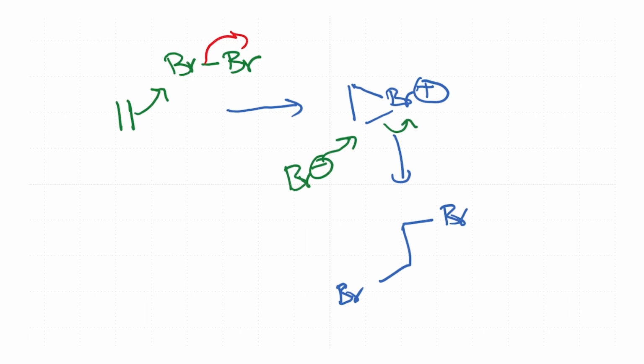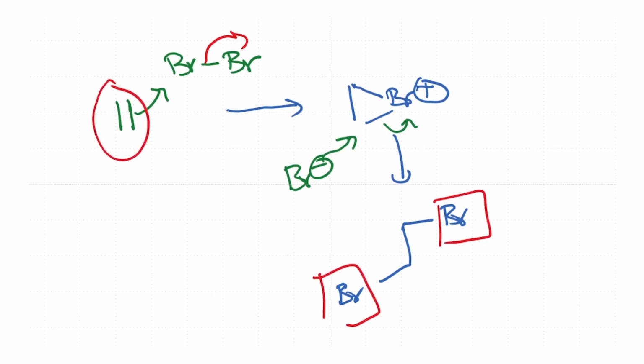Okay, so now similarly, this is called an electrophilic addition reaction, because if you see, the bromine has actually added on to the olefin here. So this is an electrophilic addition because the olefin is reacting, or the carbon based group is reacting as an electrophile.